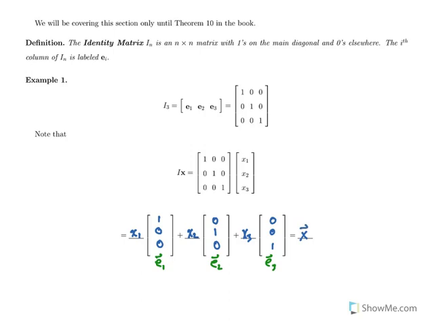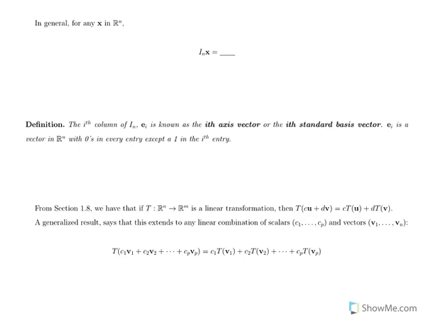And that's what's so important about the identity matrix: in general, for any x in Rn, if we take the n by n identity matrix times x, we always get x back. We can think of the identity matrix as the number 1 in the real numbers.